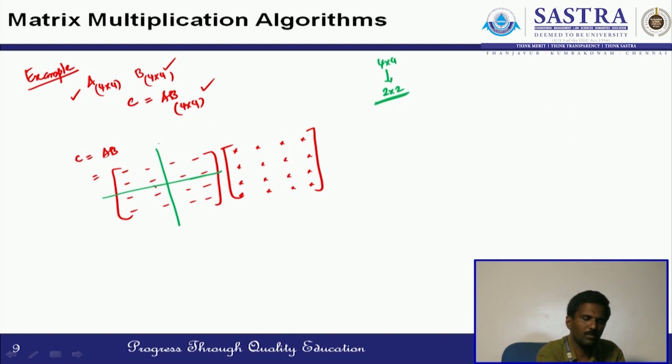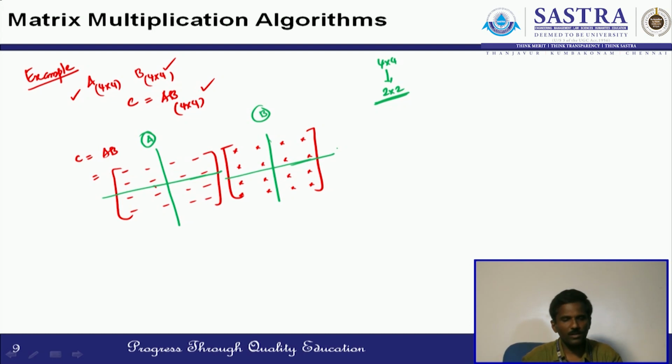Likewise, matrix B is split into 4 submatrices, each of order 2 by 2 respectively. Now let's think of this 2 by 2 matrix. This is say A11.